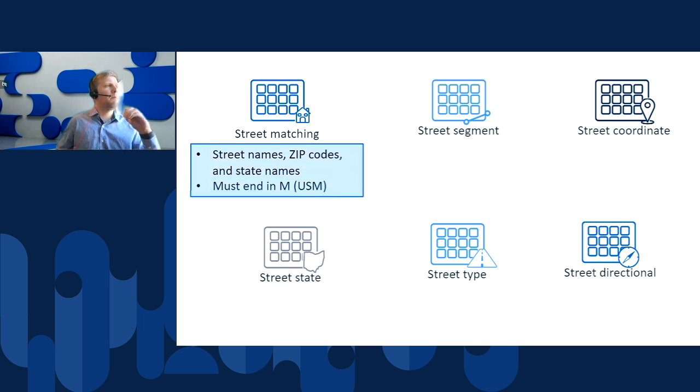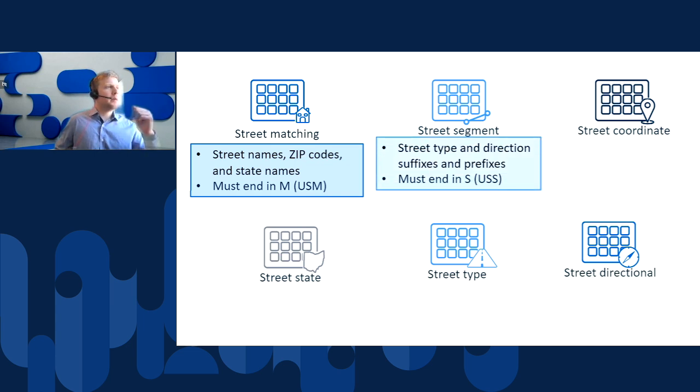So the street matching dataset contains street names, zip codes, things like that, state names. And the key piece here is that its name needs to end with an M. By default, if you're geocoding US addresses, the default name is going to be USM.